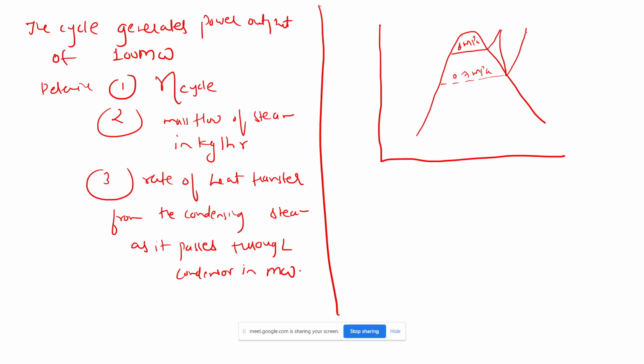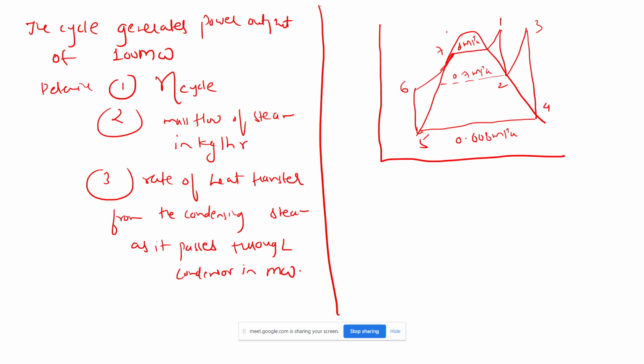Okay, now it is again expanded, to 0.008 megapascal. After that, what is mentioned? Nothing. The cycle will just be completed like this. So 1, 2, 3, 4, 5, 6, 7.